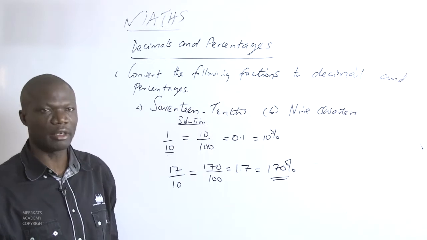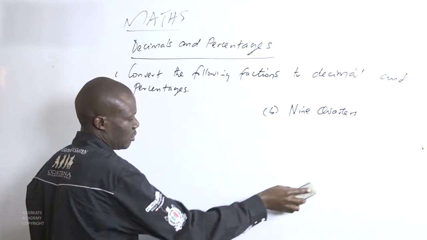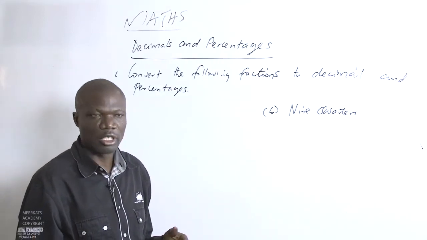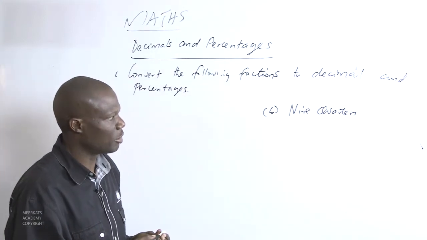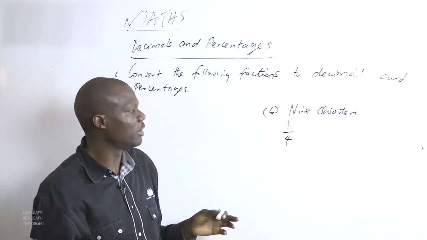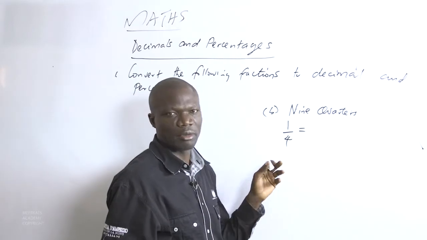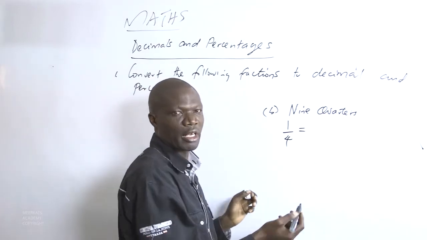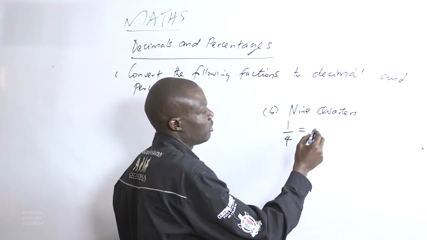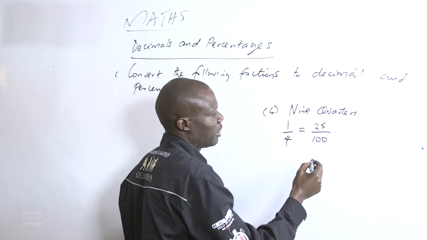For the second part, 9 quarters, our memory fact is to understand what a quarter means. A quarter is 1/4, and when we make an equivalent fraction with the denominator as 100, we multiply by 25 on top and bottom to get 100.